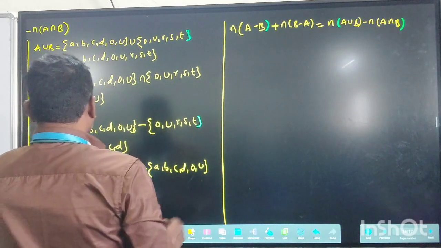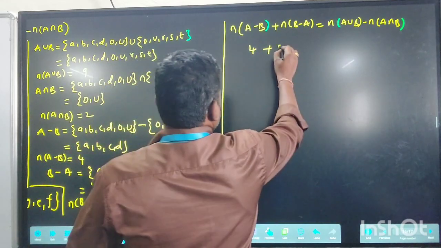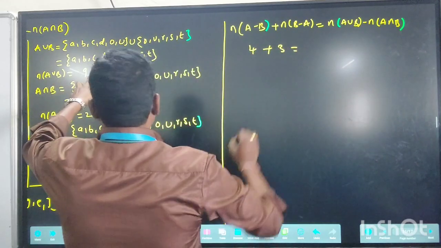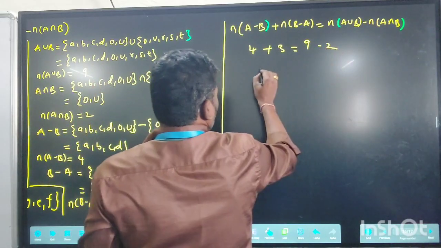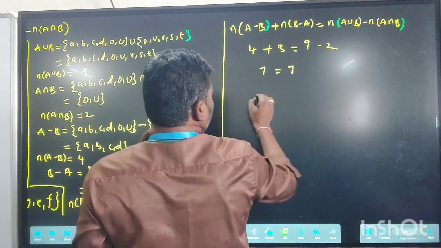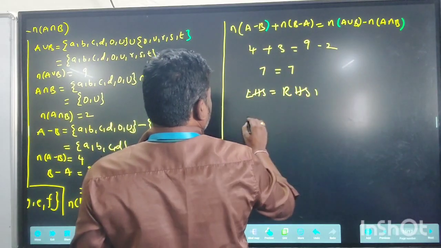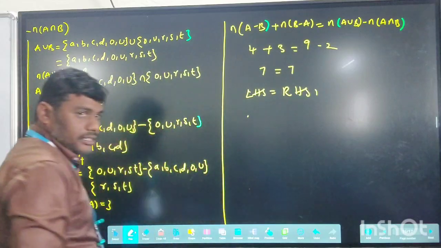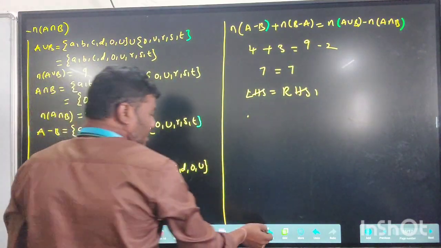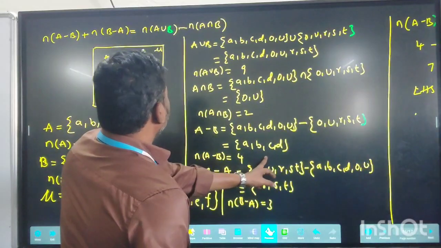A minus B, this only, is 4, plus B minus A 3, equals A union B 9 minus A intersection B 2. 4 plus 3 is 7. 9 minus 2 is 7. So LHS equals RHS. Okay? Any doubt in this question? Any doubt? So first write this.